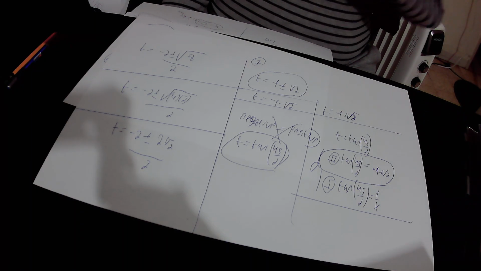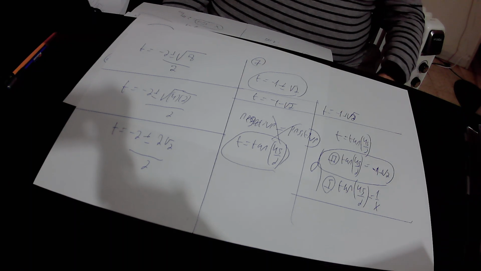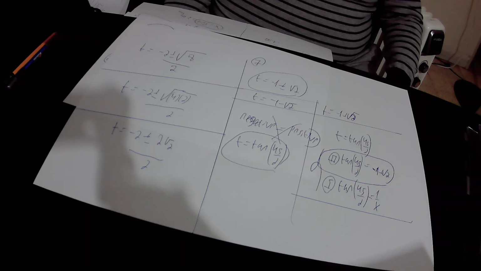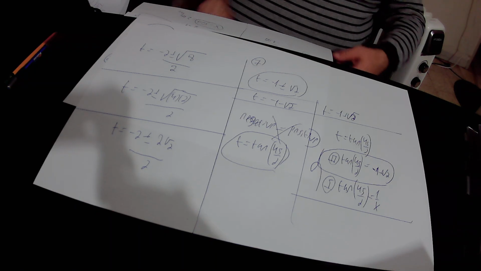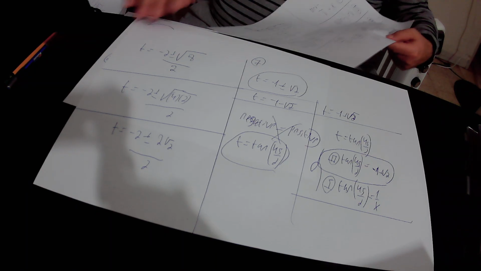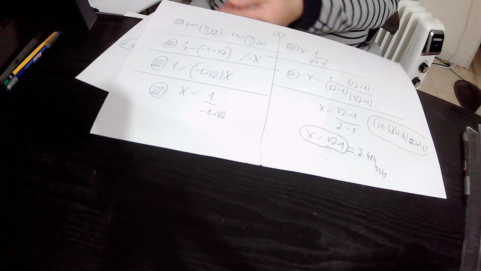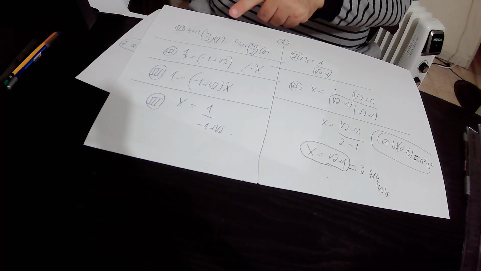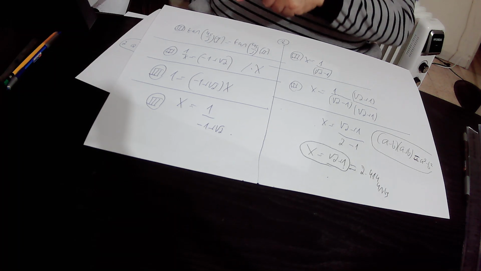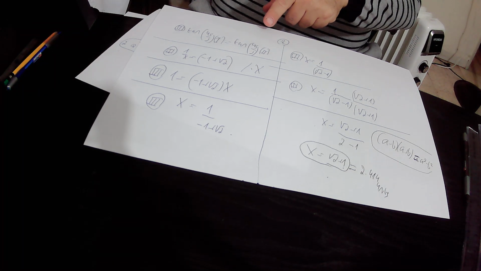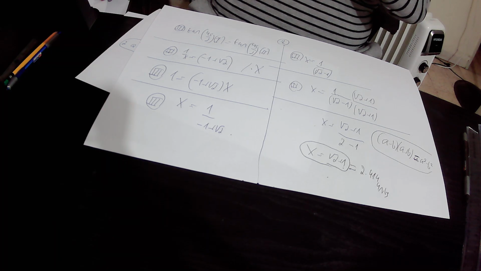So we have two different equations for tan 45 over 2 degrees. Therefore, we created equation number 3 that states that tan 45 over 2 degrees according to equation number 1 must be equal to tan 45 over 2 degrees according to equation number 2.